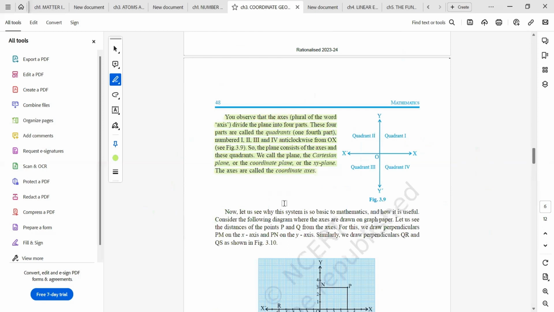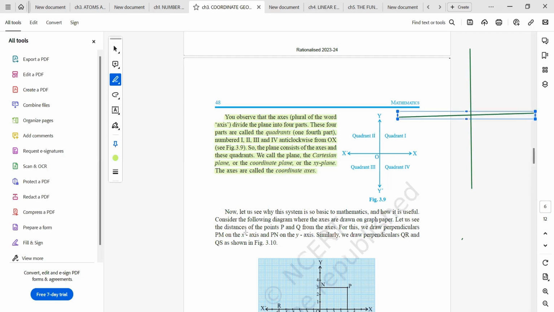Now, if we have defined these axes, we can easily define the quadrants. Okay. So we can draw the axes. This is our y-axis, vertical, and this is our x-axis, that is horizontal. Then in the center, we have the origin O, and the coordinates of O are 0, 0.